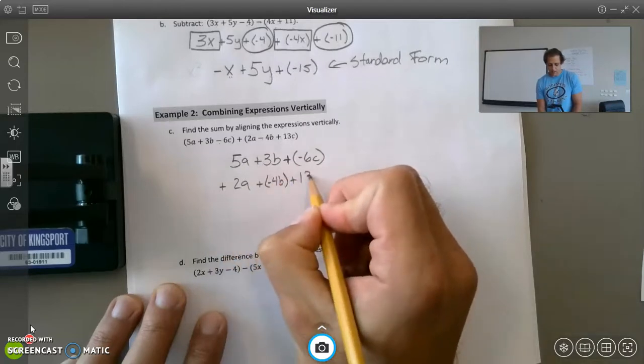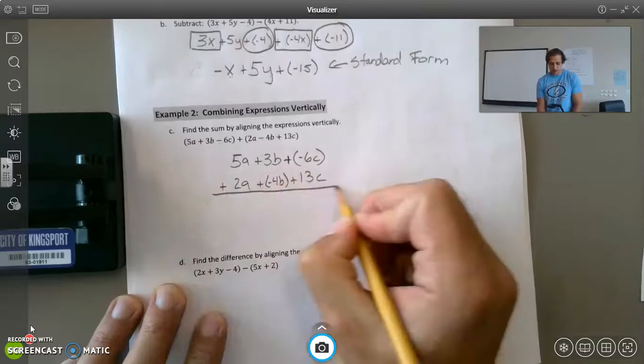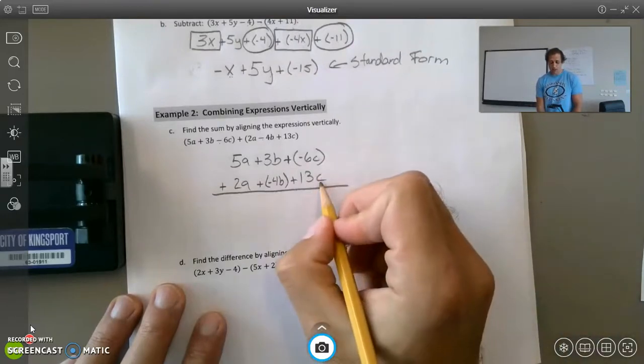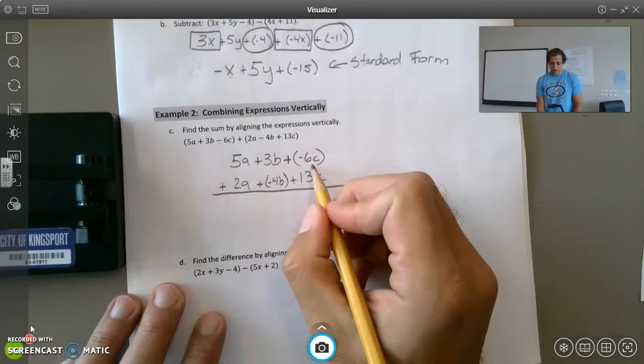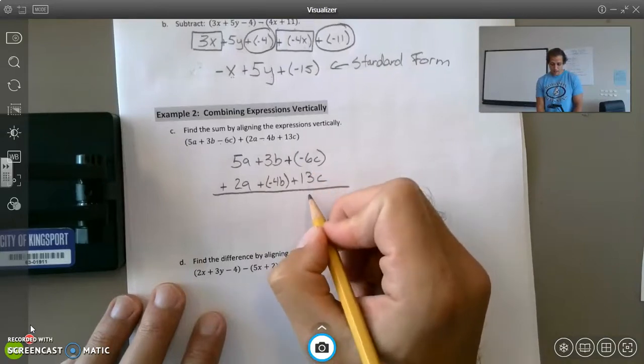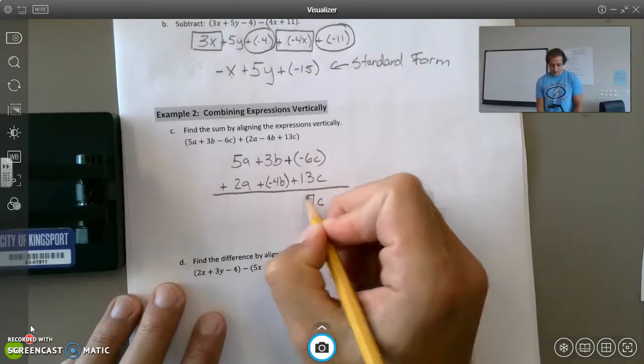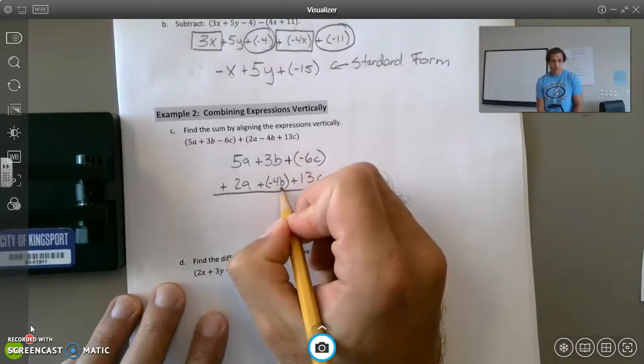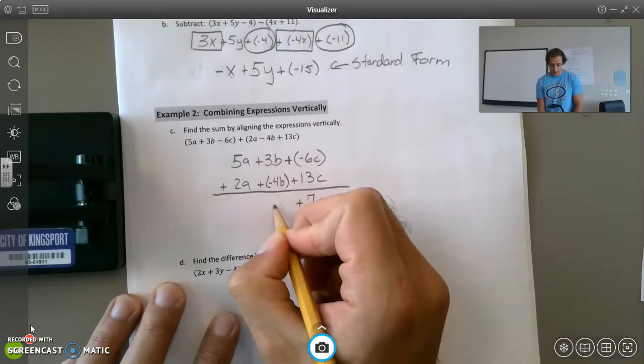plus 13c. Now, we could add this vertically, just like when you do vertical addition, and you just add by the place values. Here we're going to add our variables that have a c. Negative 6 and 13 is 7c, plus 3b and negative 4b would be negative 1b, so I'm just going to put negative b.